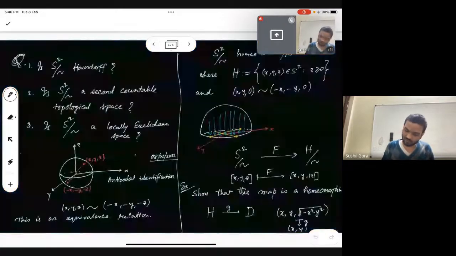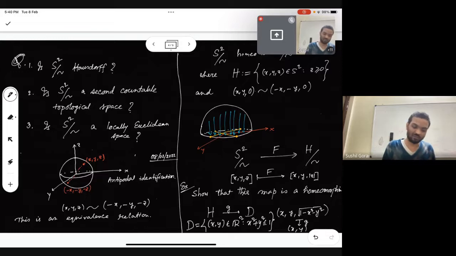I didn't mention what D is. D is the set of x, y in R2 such that x squared plus y squared is less than or equal to 1, the closed unit disk.